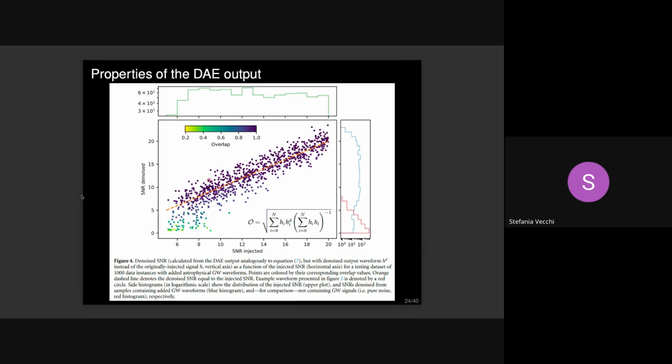So we can set a threshold for interesting things for the denoised waveform, let's say larger than 6 or 8. Above the noise SNR of 8, all of the denoised pieces of data actually contain a waveform.